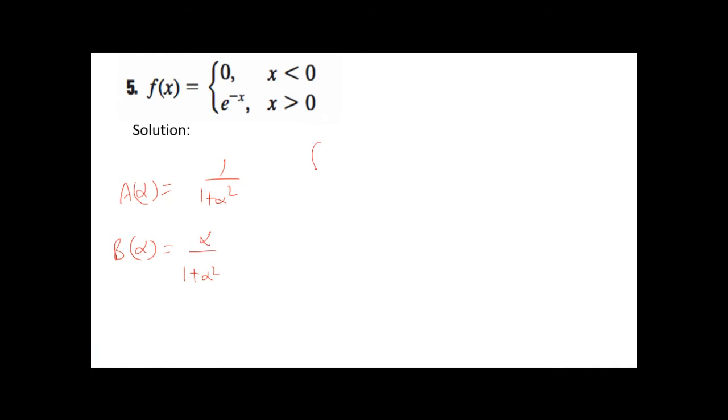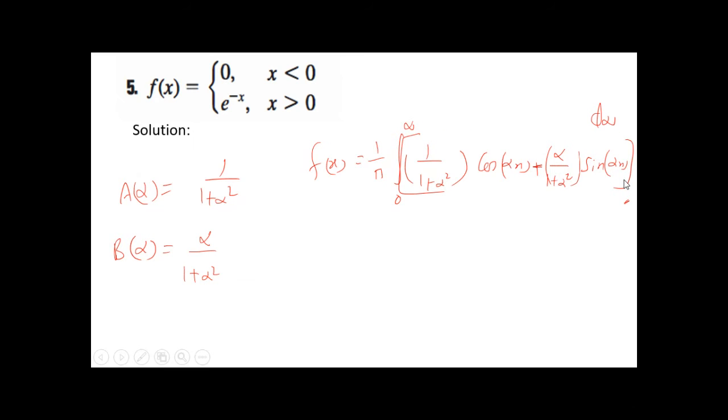When you substitute this in the function, f of x will be 1 over pi, from 0 to infinity, of 1 over 1 plus alpha square times cosine alpha x plus alpha over 1 plus alpha square times sine alpha x, d alpha. That's the end of this problem.